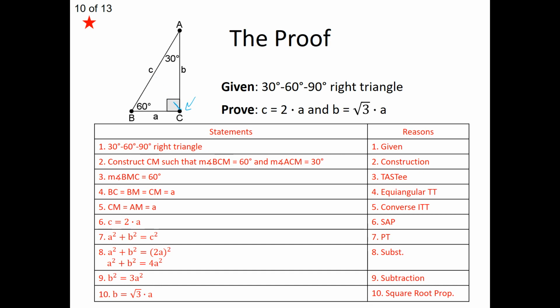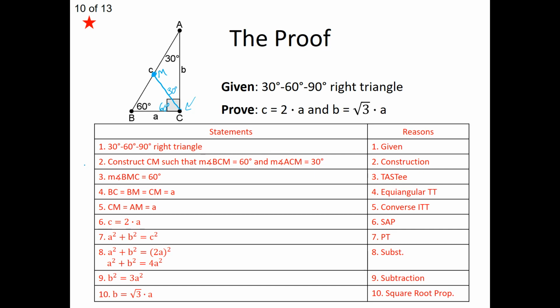There we go. We're going to cut that segment through our right angle. I'm going to call that point of intersection up at our hypotenuse M. So M is on AB there. And the way I cut that is in a certain degree measure. I cut this so that the angle below, angle BCM, is 60 degrees, and angle ACM is 30 degrees.